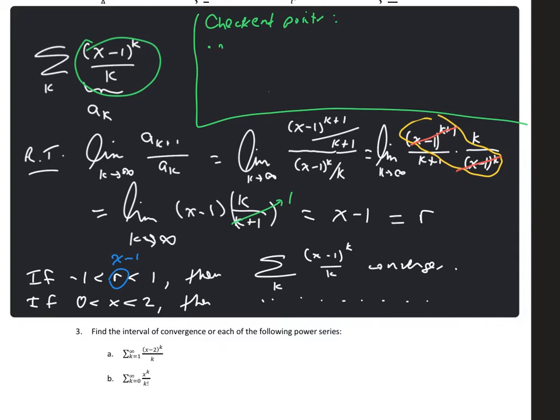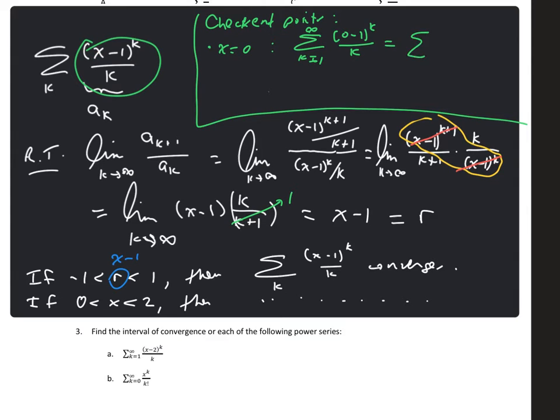So the two endpoints are x equals 0. That's one of the endpoints of my interval. And so the way I check that is by literally plugging in 0 for x into my original series. So I have the series k equals 1 to infinity, (0 minus 1) to the k over k. So literally the original series with 0 in place of x.